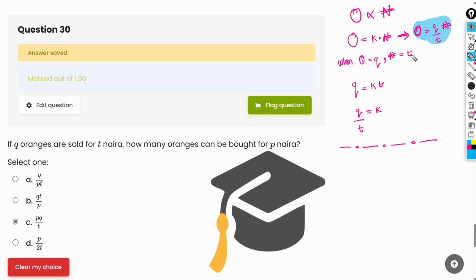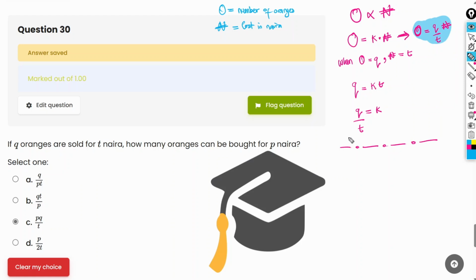So where O is number of oranges, sorry, I should have written this initially. And then the Naira symbol represents cost in Naira. Okay, good. So we now have the relationship that works for both of them.